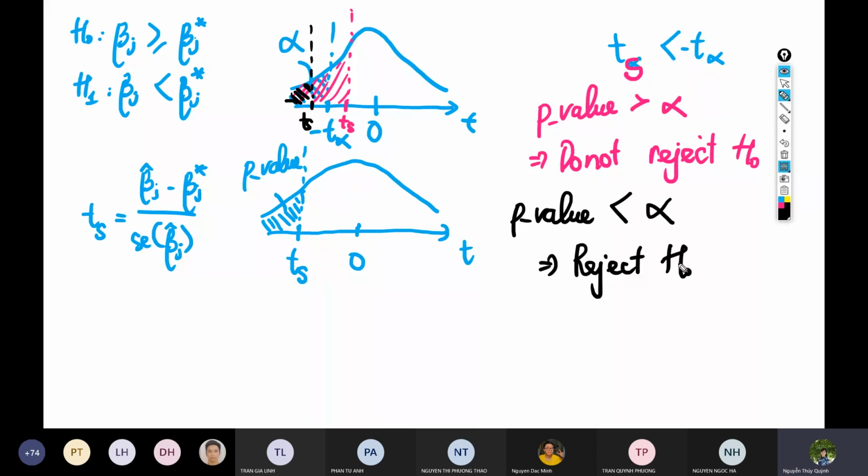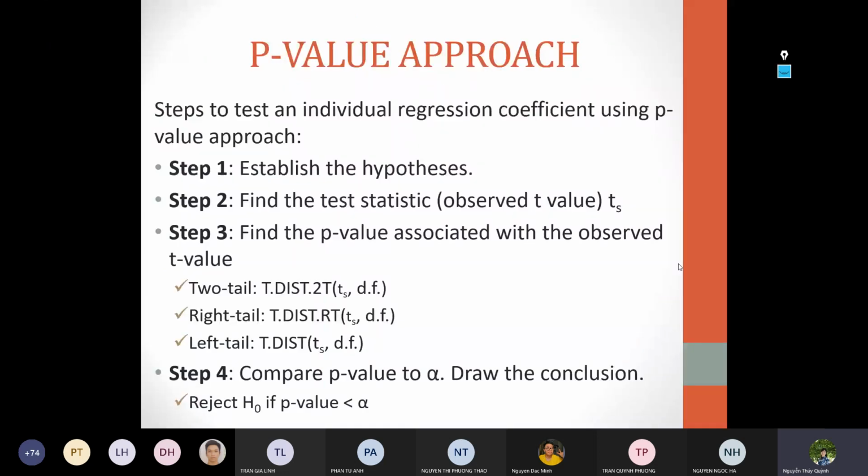So how can we find the p-value associated with the observed value of T? You can use the Excel functions. Last time, when we found the critical value of T, you used the function T.INV.2T or something like this. But for the p-value associated with the observed value of T, you will use the function T.DIST.